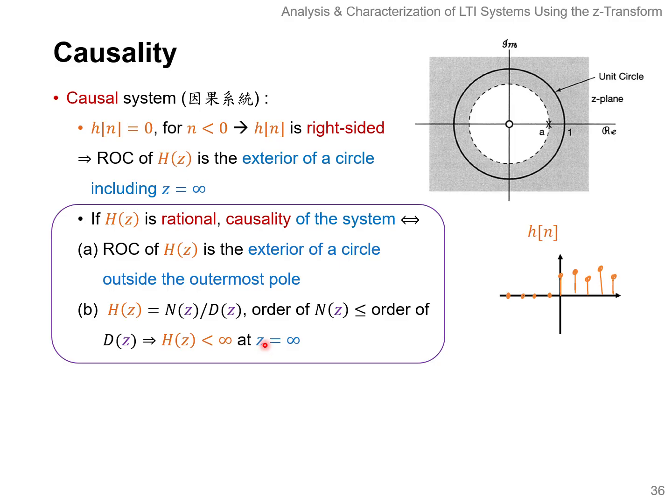Causality is very important for real-time systems. A real-time system can only use present and past inputs, not future ones. The ROC by itself cannot fully determine causality, but it must match the form of H(z) and the fact that h of n is a right-sided signal.